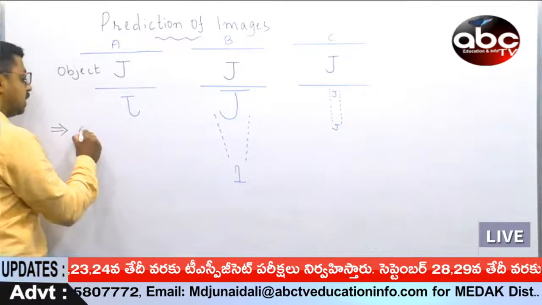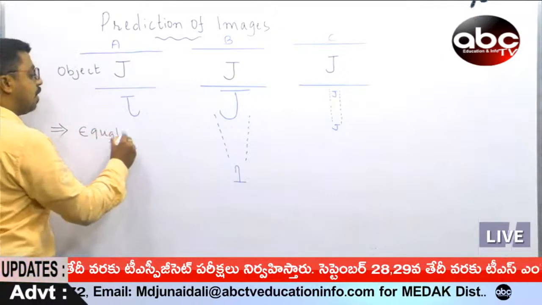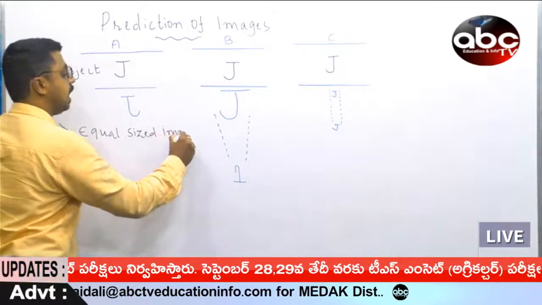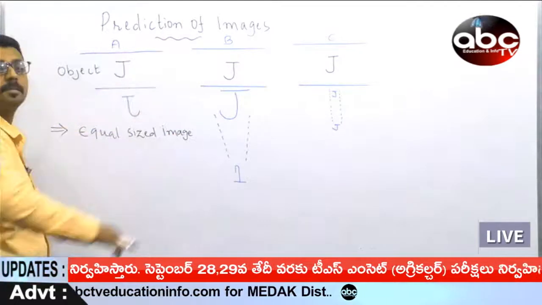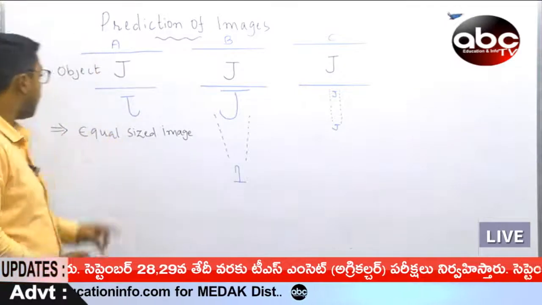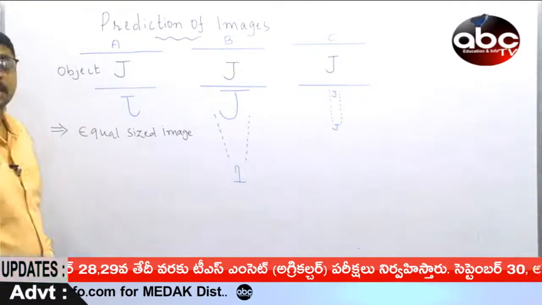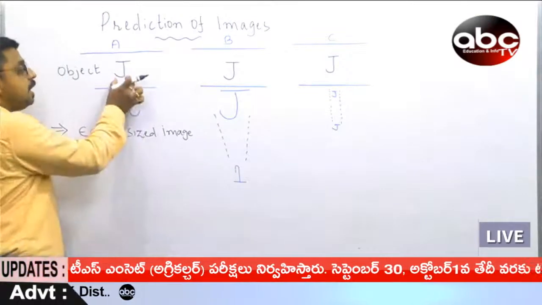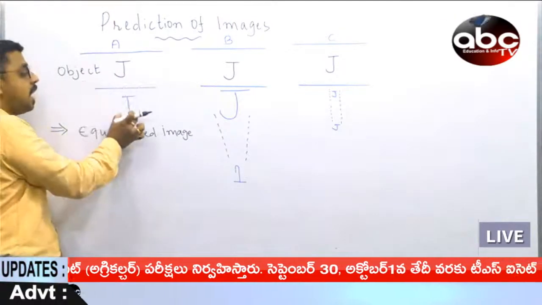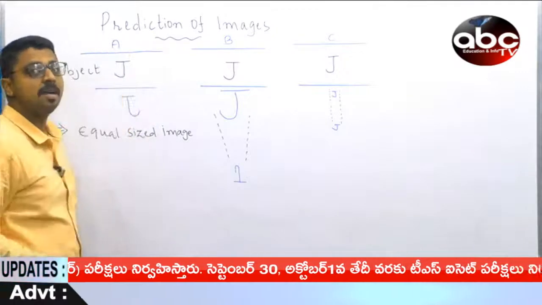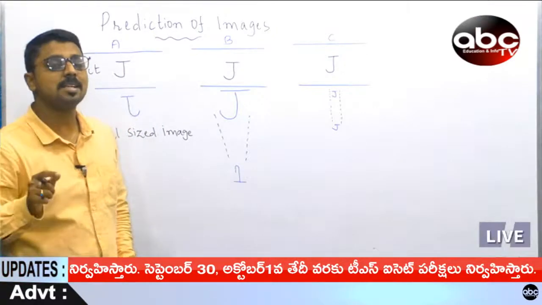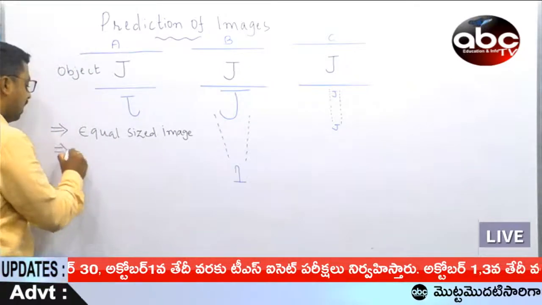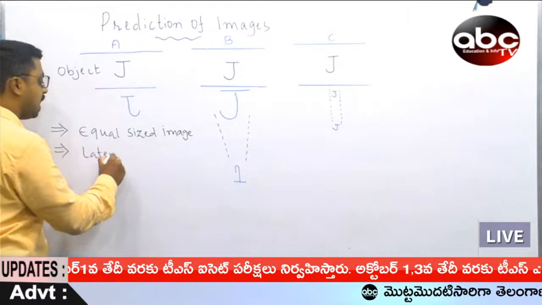We can predict an equal-sized image here. But what is differing here? The object is facing the right side, and the image is facing the left side. What is this phenomenon called? Everybody knows that. It is called lateral inversion.